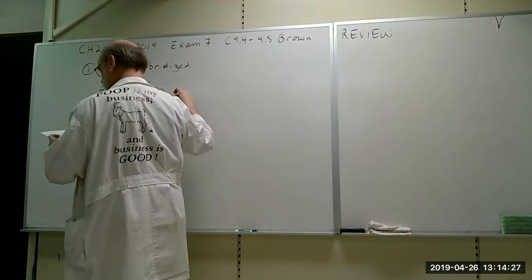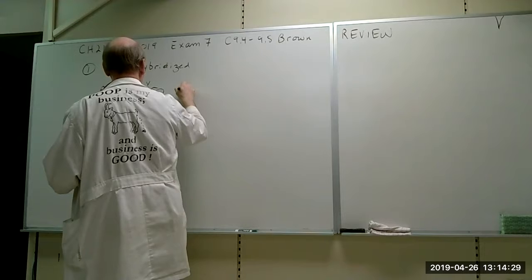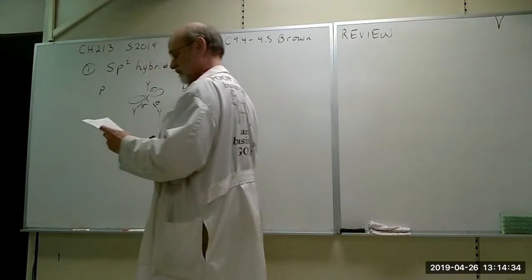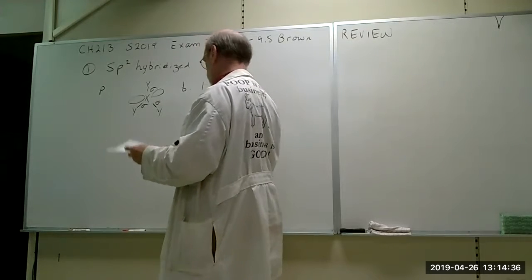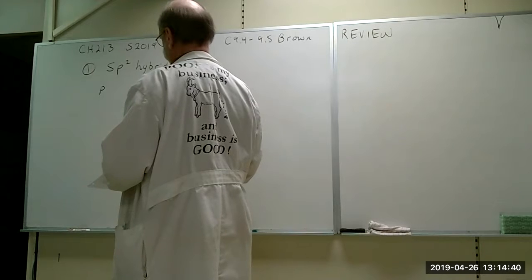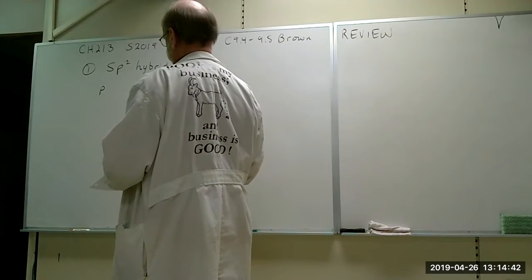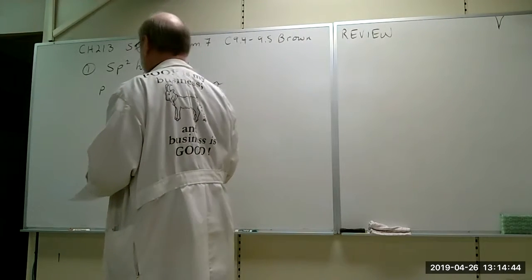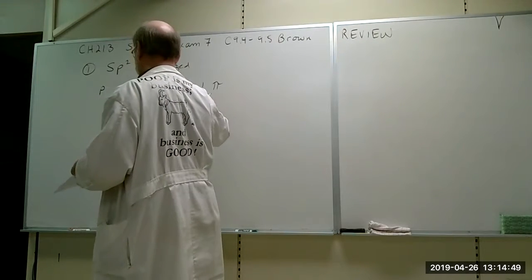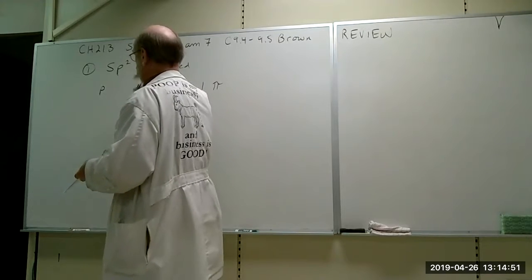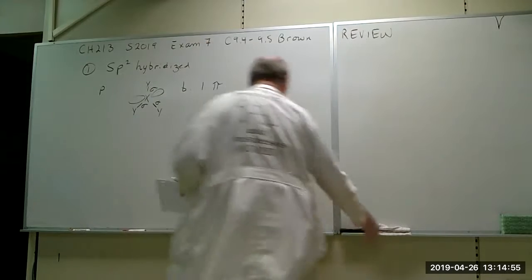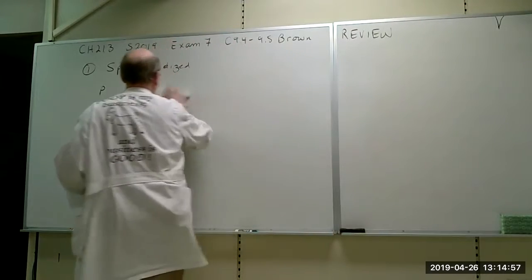So that's why the answer given is B, or 1 pi bond. If we didn't use that for this bond, then we would have sp3 hybridization. Okay.